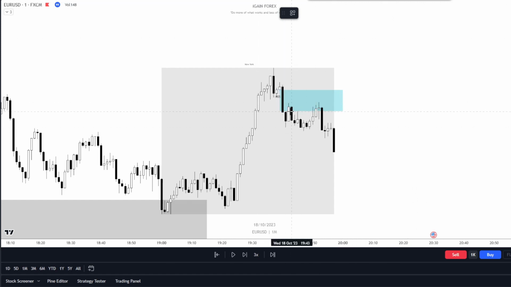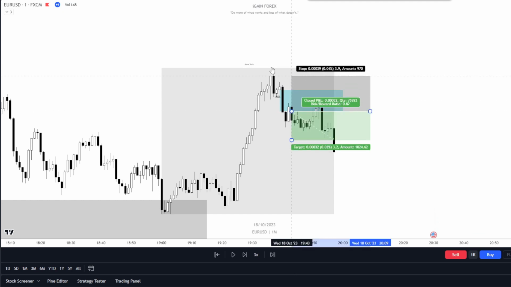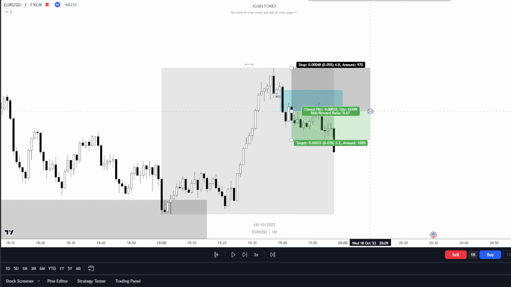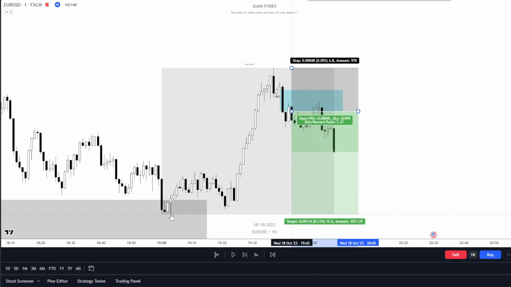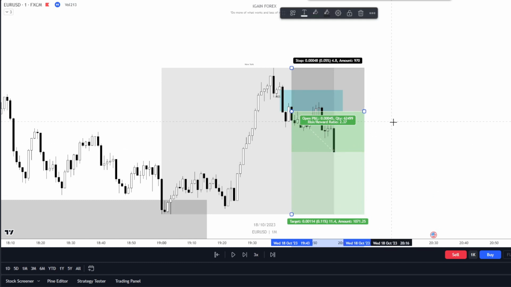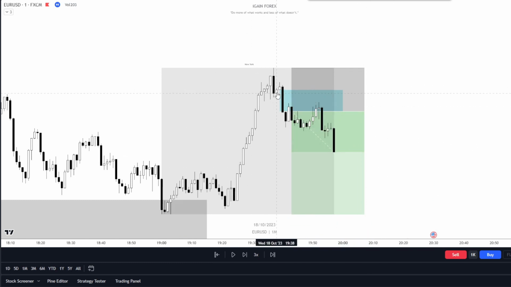So as an ICT trader, we put our entry there, or we could target this liquidity here, this low here. So this is just an example. This internal market structure shift has a lower probability.